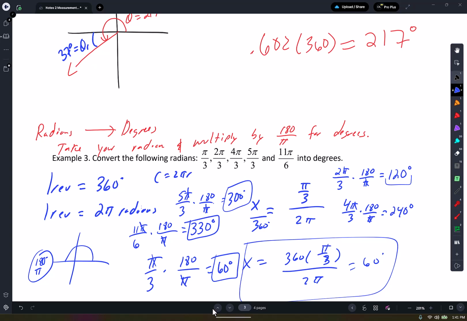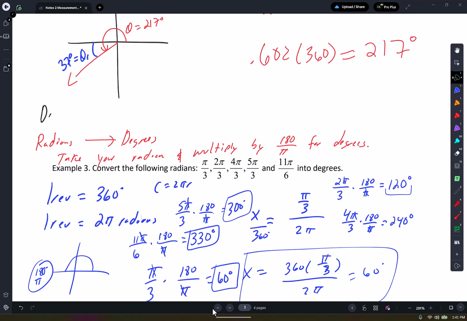Okay, I'll put it in black. If I'm going from degrees to radians, take the degree and multiply. You could also say divide by the same thing, 180 over pi. But if I put multiply, I'm going to put multiply by pi over 180 for radians.